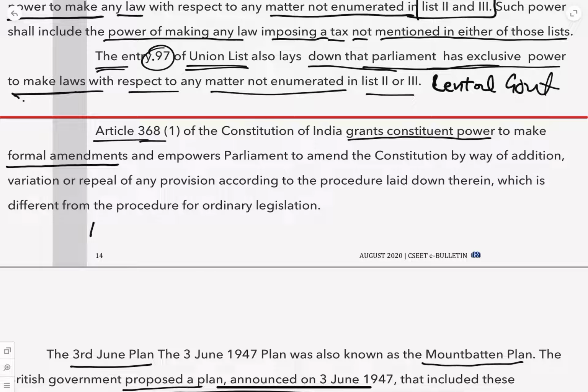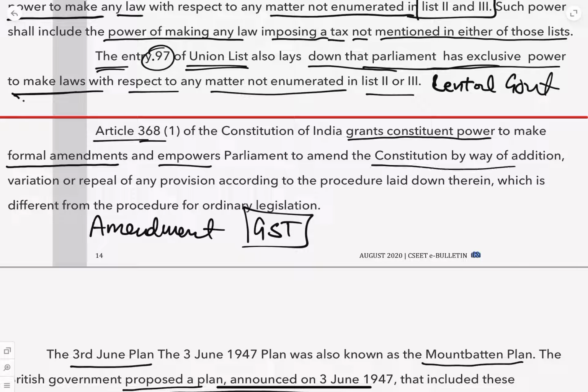Whenever you want to make an amendment to the Constitution, for example, we had the GST amendment, correct? It empowers Parliament to amend the Constitution by addition, variation or repeal of any provisions according to the procedure laid down therein, which is different from the procedure for ordinary legislation.